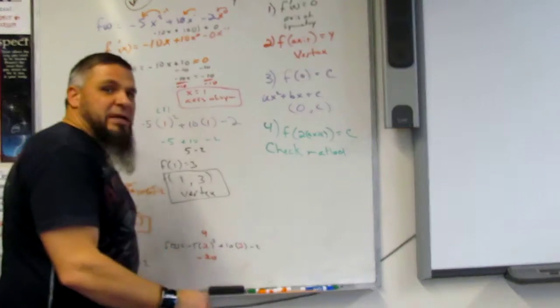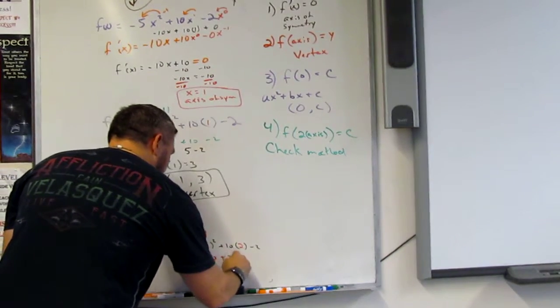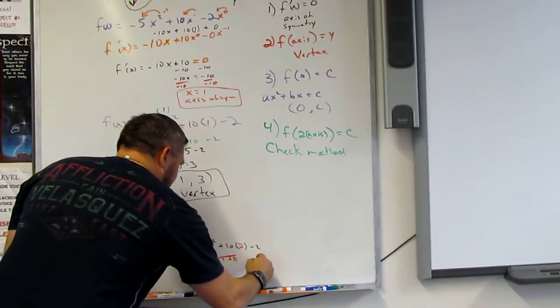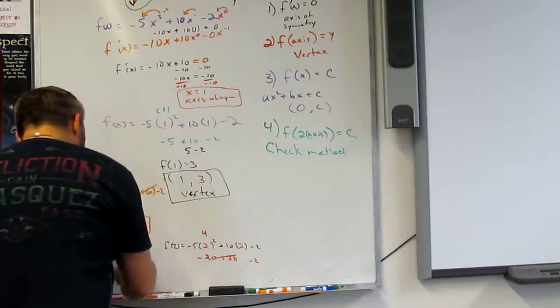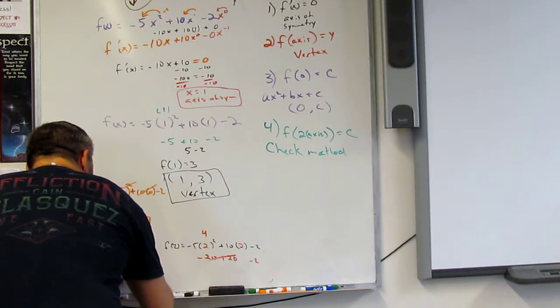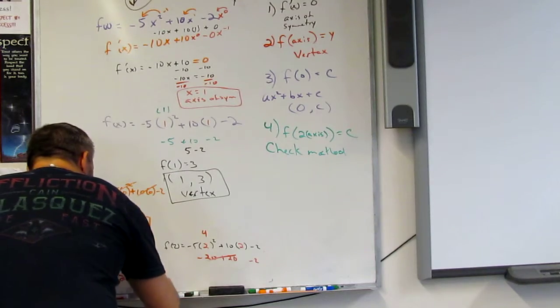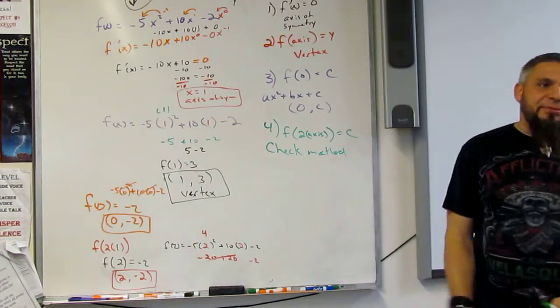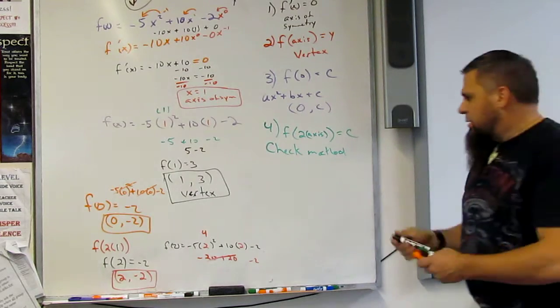What's 2 times 10? Positive 20. So positive 20, negative 20 cancel, and it gives me just negative 2. And so this is right. So now I have another point of 2, negative 2. Okay? And so I want to graph those 3 points.